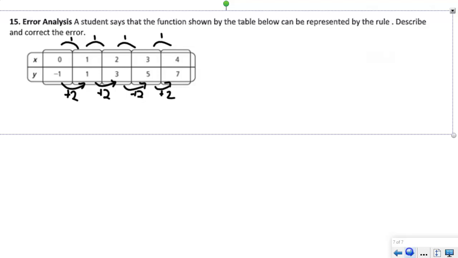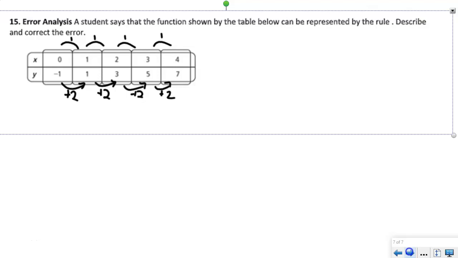So whenever that's the case, I know that I am probably going to be multiplying by 2. So let's take a look at what happens when I multiply 0 times 2? I get 0.